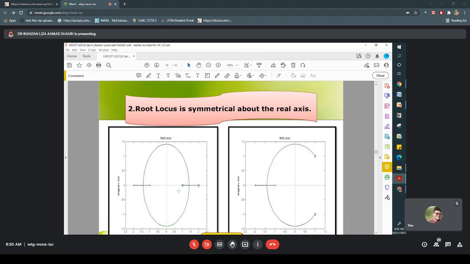When you have a root locus that breaks out into the complex area, you can see that they need to be symmetrical about the real axis. Mirror, right? The same applies to the right side of this example. Very simple, isn't it? Up to here, you have learned two rules already.